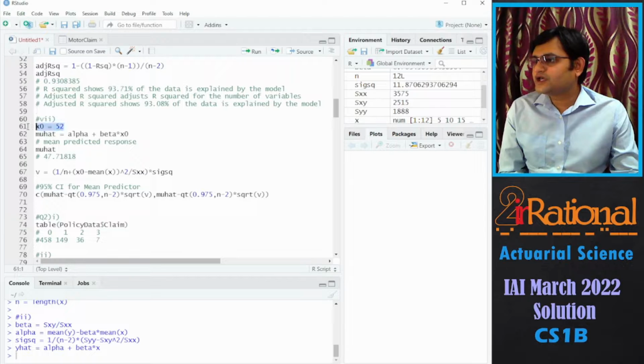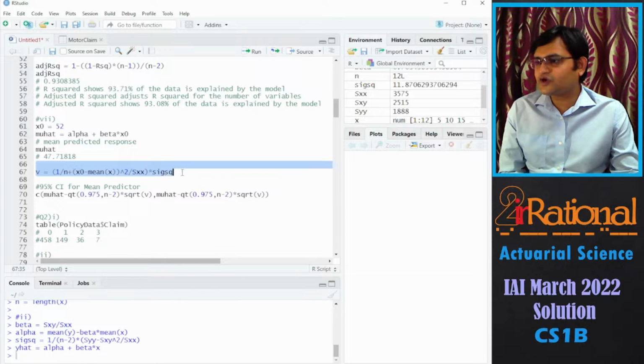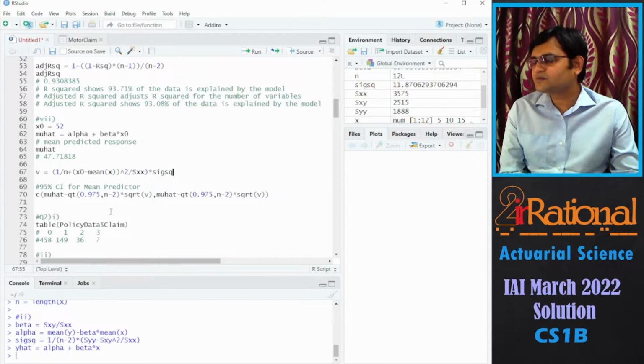So here first X0 is 52. So our mu hat value will be nothing but alpha plus beta X0. Mu hat turns out to be 47.71. Okay, and our variance for that, exactly the same formula that we just saw. And then our 95% confidence interval, again this value is exactly the same as before.